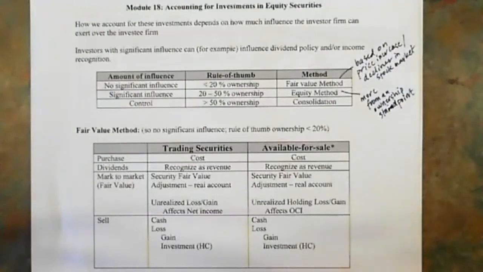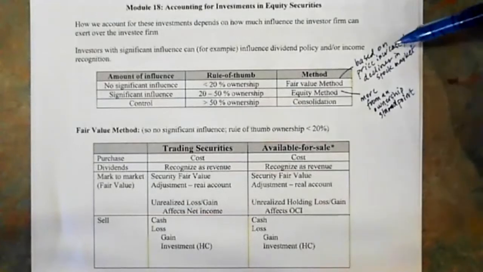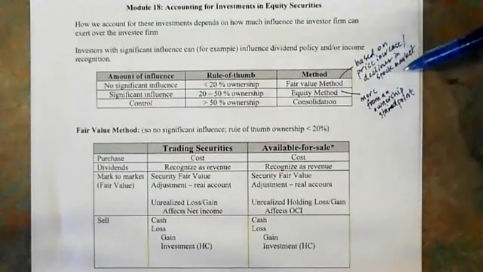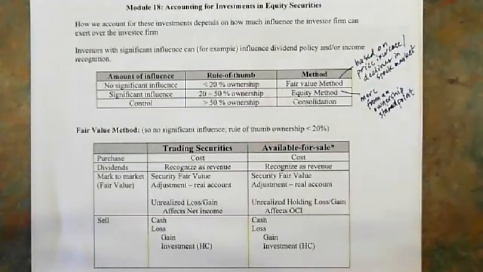Rather, they're based on the amount of income that comes into the company, and we treat the investment as a proportional amount of the net assets of the company. We'll look a little bit more at equity method in 18.2. We're going to base most of our discussion, or all of our discussion, on the fair value method in this part of the lecture.